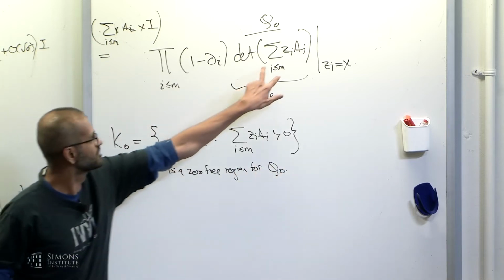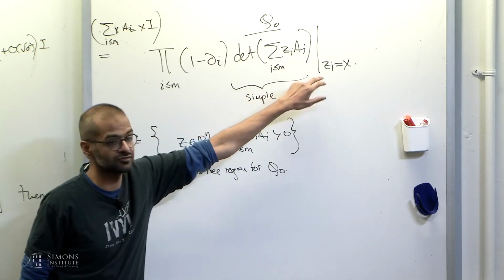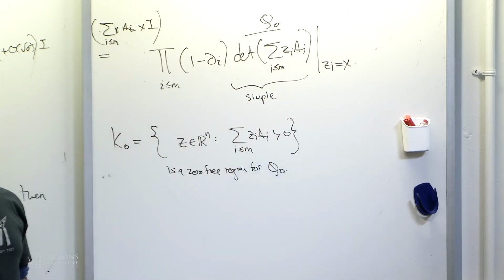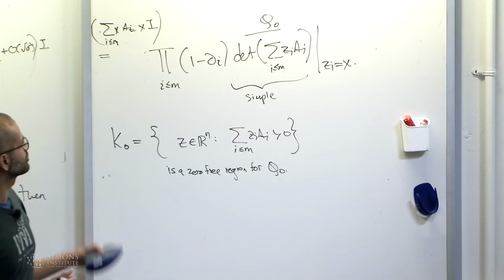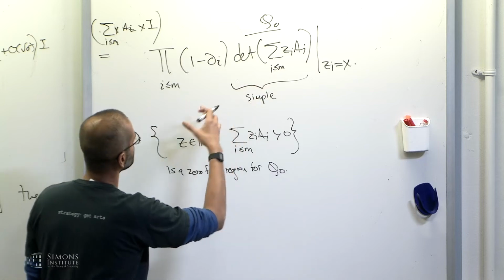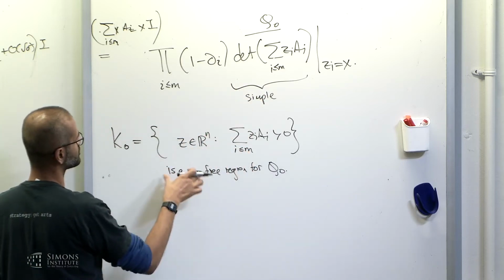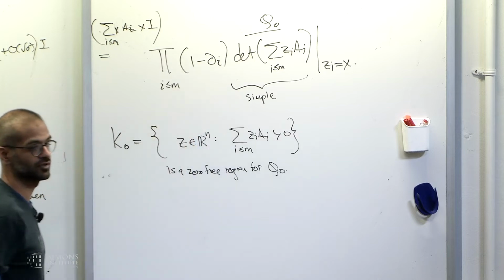Right? I mean, if this matrix is positive definite, this polynomial is not zero, and so its restriction is not zero either. Okay. So it's easy to understand zero-free regions for this polynomial. The whole game is, well, what happens to this cone? What happens to the zero-free region when you apply these differential operators?